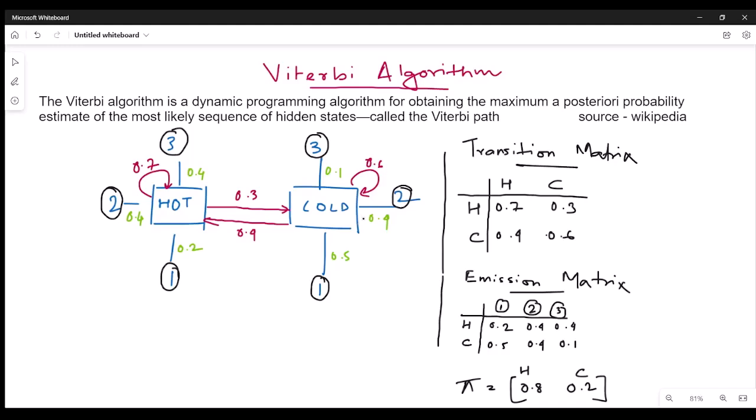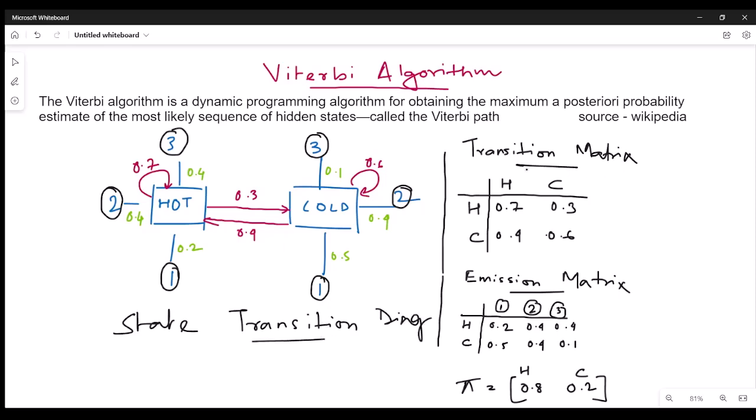Now, we need to create the transition matrix from this state transition diagram. This diagram is called the state transition diagram.